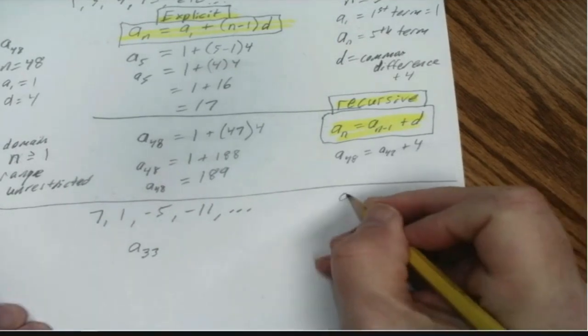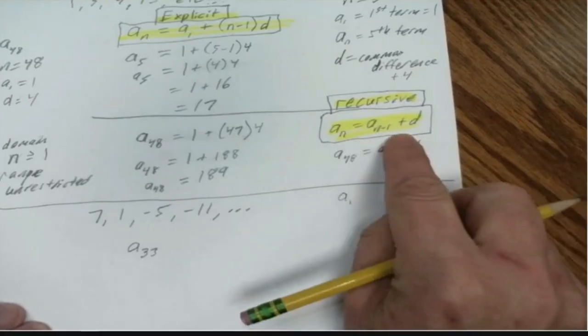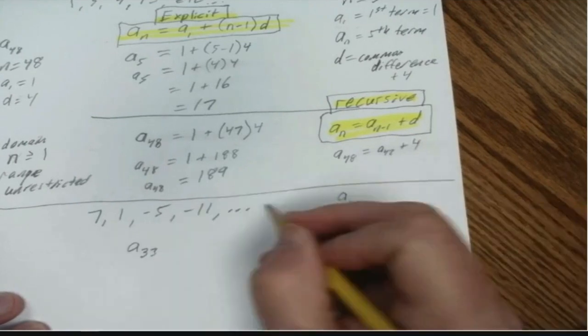If you're using the explicit, which is the easiest one to use here, otherwise you'll have to figure out all the others. You can do it by writing them all out if you want.